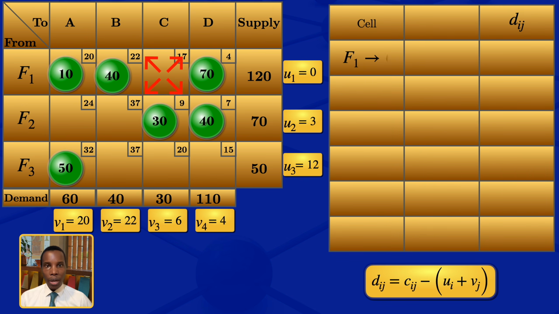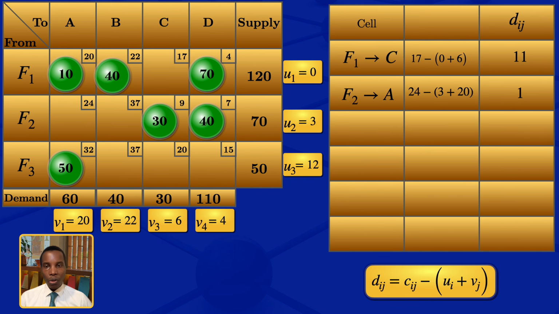So that's F1 to C. So for F1 to C there, what we'll be saying is 17 minus the sum of these two values, which will give us 17 minus (0 plus 6), which is an 11. Then we go on to the next unoccupied cell, this one here. That's cell F2 to A. So for cell F2 to A, we'll be having 24 minus the sum of this 3 and this 20. So we'll be having 24 minus (3 plus 20), and that will give us a 1.